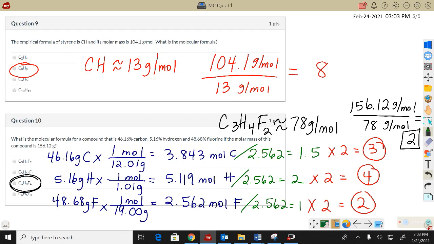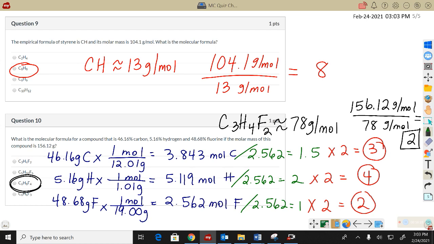And then finally, let's calculate some molecular formulas. So question 9, the empirical formula is CH. But the true molar mass of the compound is about 104.1. So all we've got to do is add up the little empirical formula's mass. Carbon and hydrogen are about 13 grams per mole. And then we'll compare that to the big molecular mass that has to be given to us.